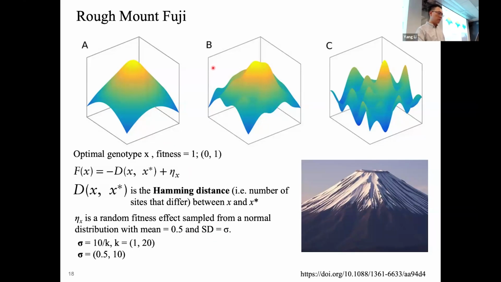In panel B, delta increases, and in C delta is close to 10. People found this landscape is highly rugged with lots of local peaks except for the global peak. So there is a high probability that when we do adaptive walks, they are easily attracted to a local peak instead of the global one.